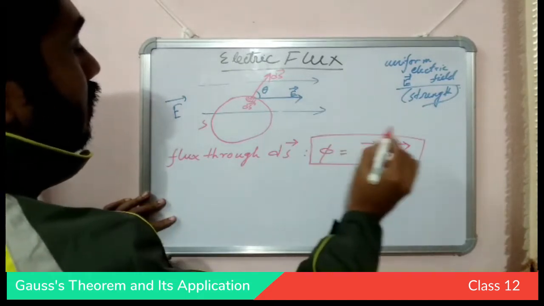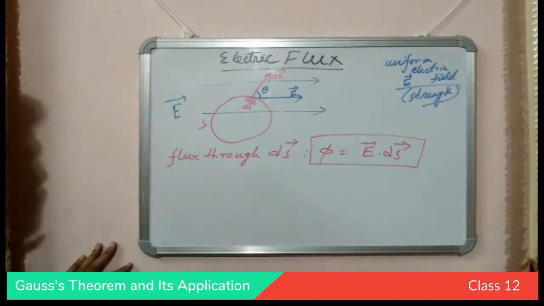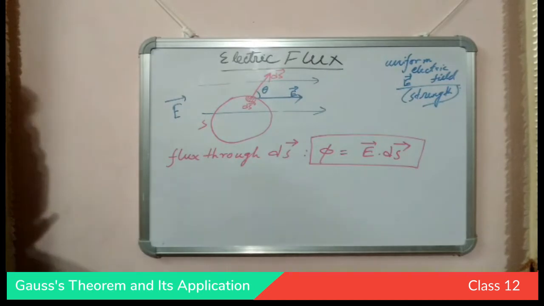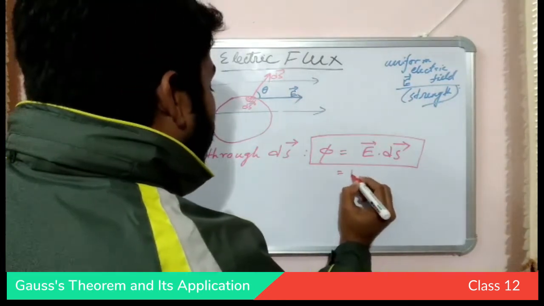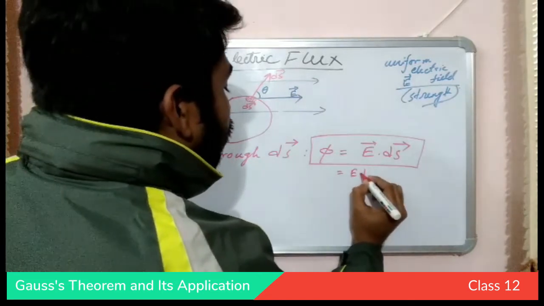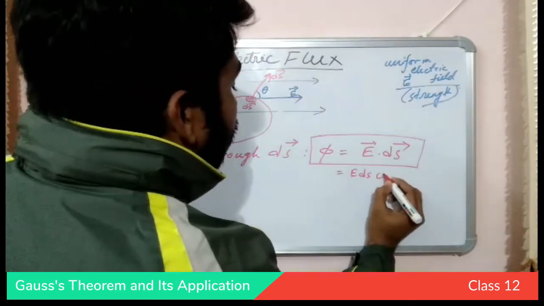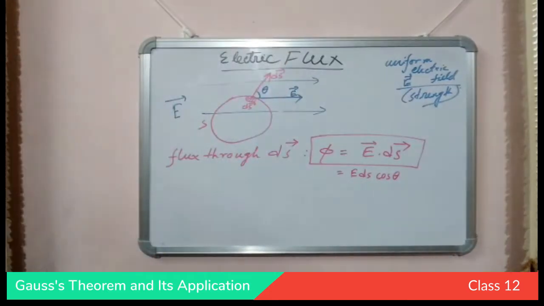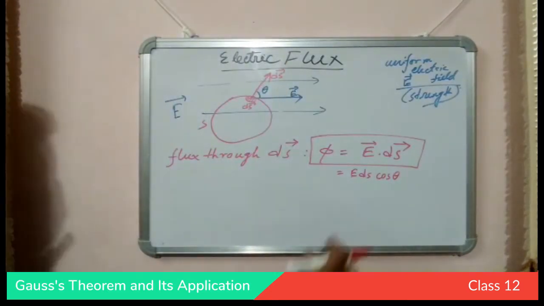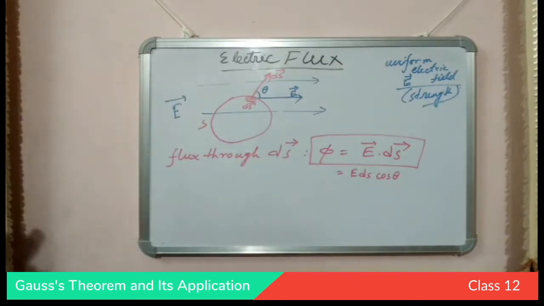This is the flux. From the concept of vector algebra, the dot can be removed if we multiply by cos theta, where theta is the angle.